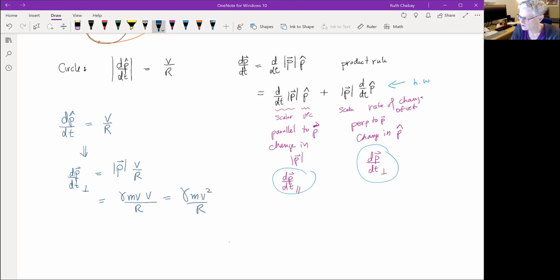And if something is moving slowly with respect to the speed of light, then dp/dt perpendicular, and this is a magnitude, is equal to mv squared over the radius of curvature.